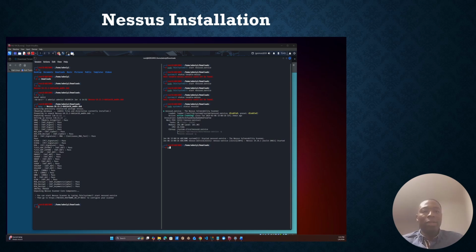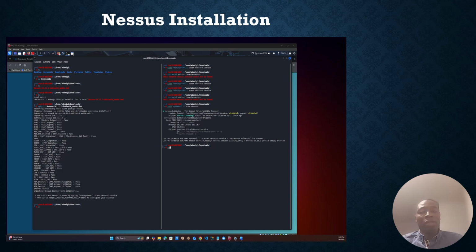On this slide, I installed Nessus 10.11.1 on my Kali Linux virtual machine using the official Debian package. The installation process included cryptographic integrity checks such as SHA1, SHA256, AES, and RSA, confirming the scanner's core components were securely deployed.